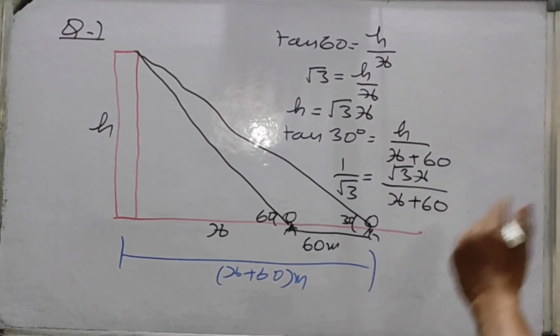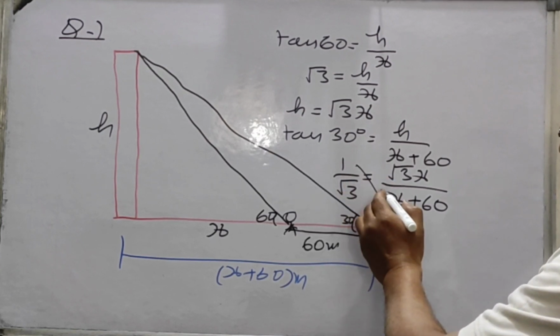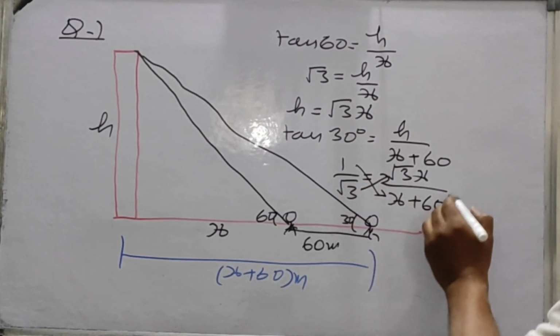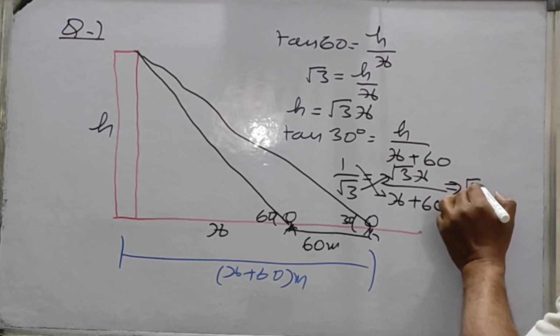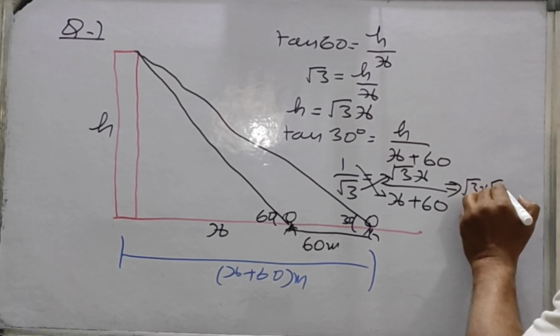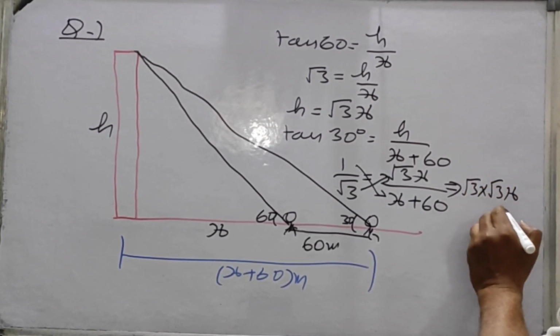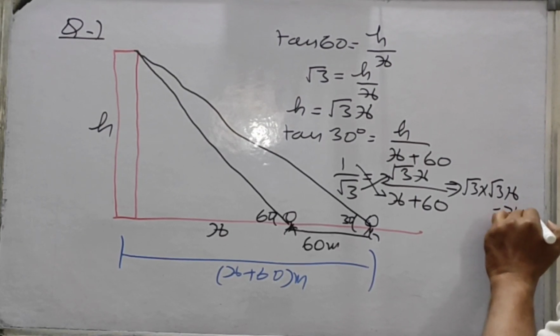We cross multiply, so we get root 3 into root 3x is equal to x plus 60.